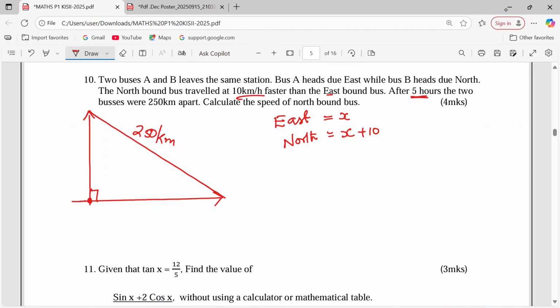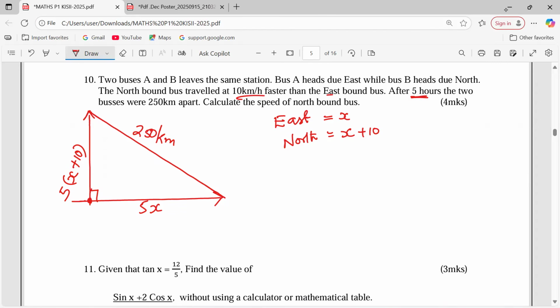Towards the east, the distance should be 5 hours times x, the speed. The other one has also taken 5 hours, so it will be x plus 10 times 5 hours.